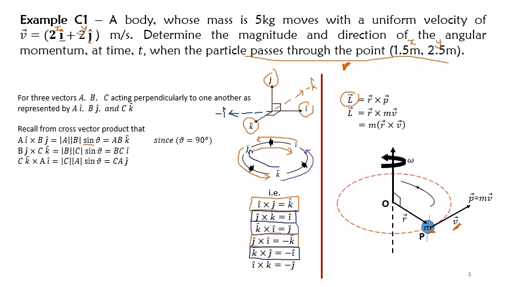But if it's the other way, which is i, k, then as you have here, i cross k, it will act in the negative j direction.